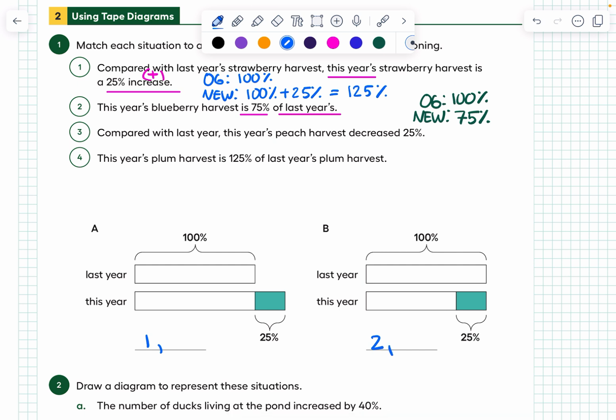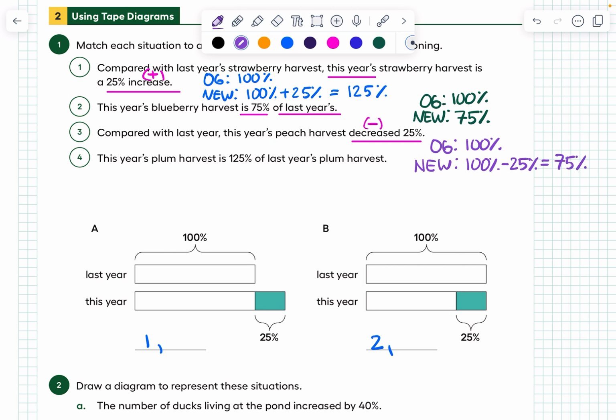Okay, number 3, it says compared with last year, this year's peach harvest decreased 25%. A decrease means to subtract. So the OG would represent 100%. And the new, since it's a decrease, we would have 100% minus 25, and that would equal 75%.